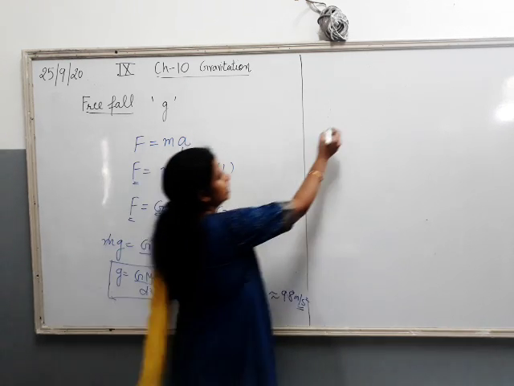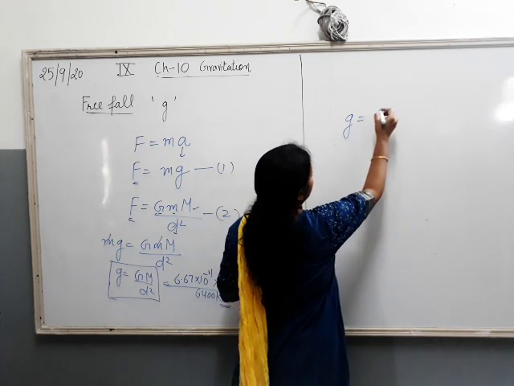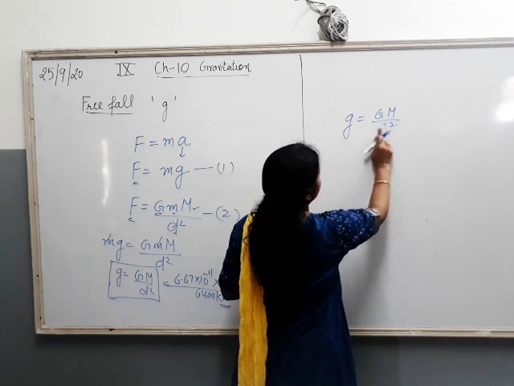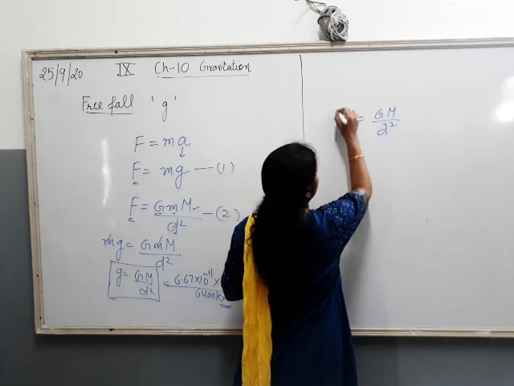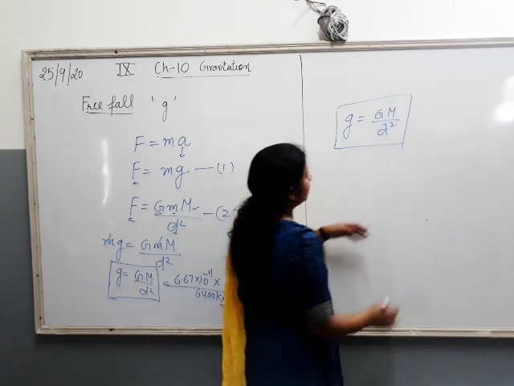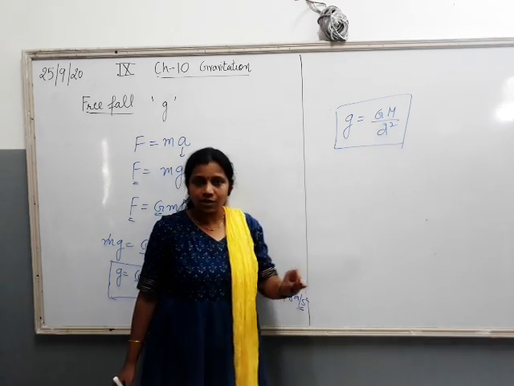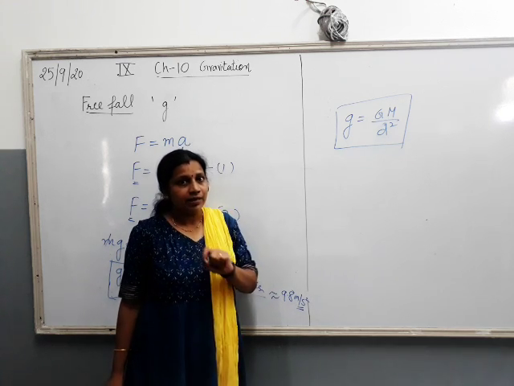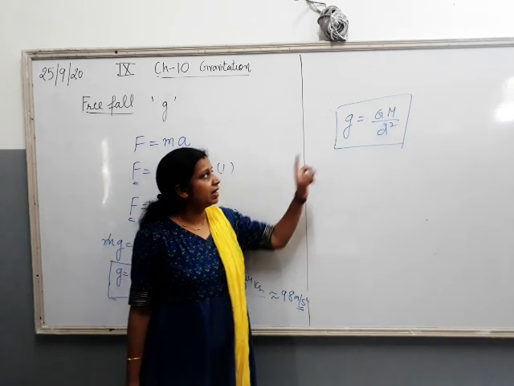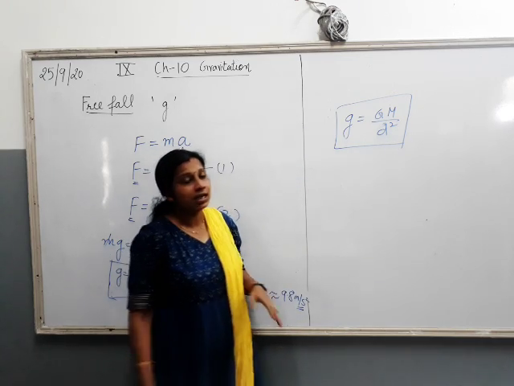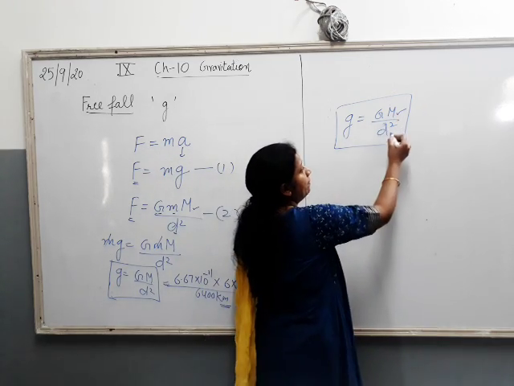And now if you see this small g, that is acceleration, it depends on mass m and, so I will write as d, radius. That means for different planets you have different values of g. Big G, the universal constant, is the same everywhere regardless of any planet, but the small g, that is acceleration, is different for different planets. Why? Because it depends on the values of m and d.